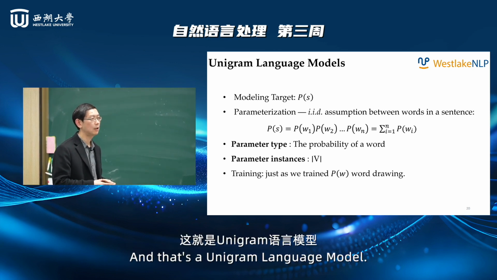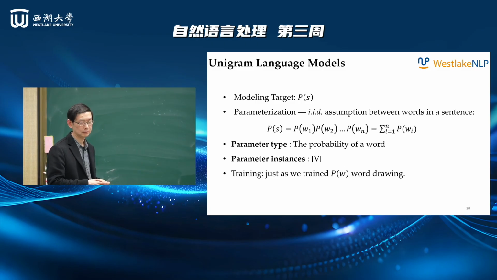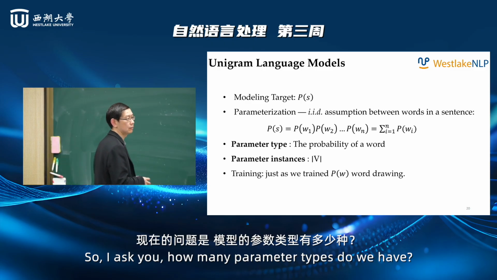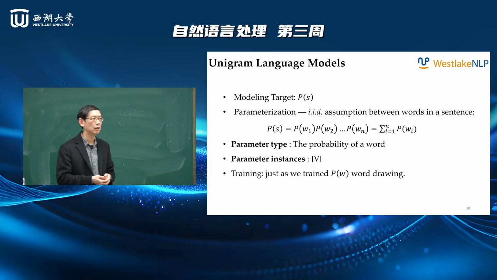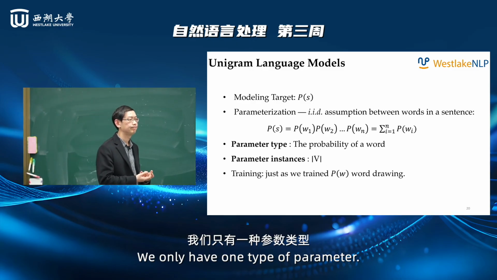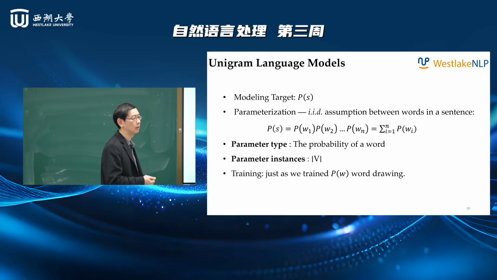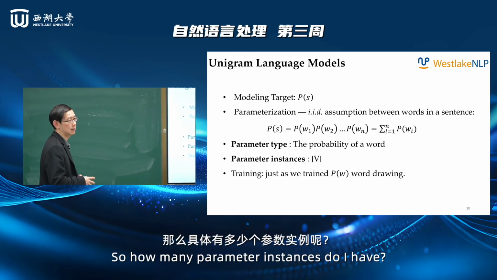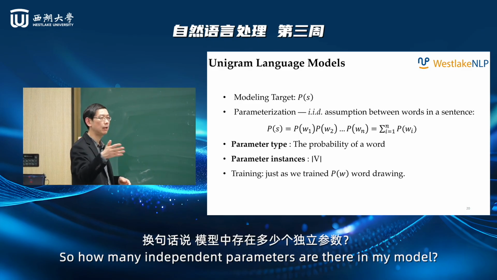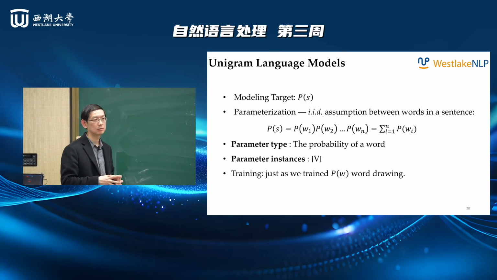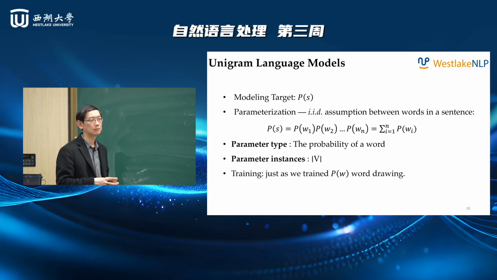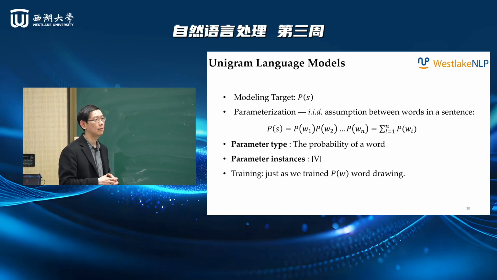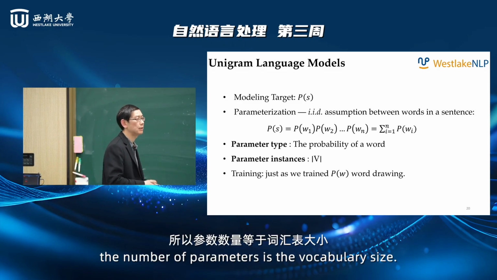And that's a unigram language model. So I ask you, how many parameter types do we have? We only have one type of parameter, the word probability. So how many independent parameters are there in my model? Because every word probability is a separate parameter, the number of parameters is the vocabulary size.